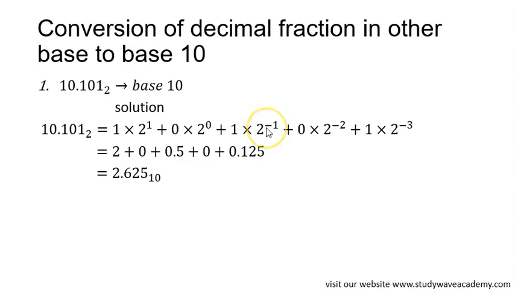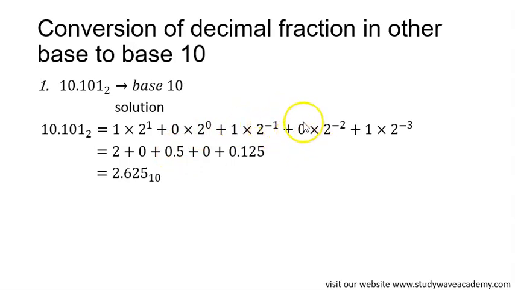When you have your exponent as -1, it can be seen as 1 over 2 raised to power 1, which is the same as 1 over 2. And 1 over 2 when divided is 0.5. So 1 times 0.5 is 0.5, okay? Do you understand?